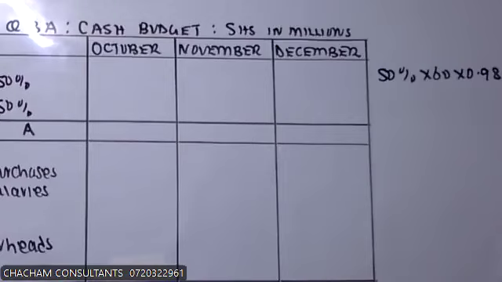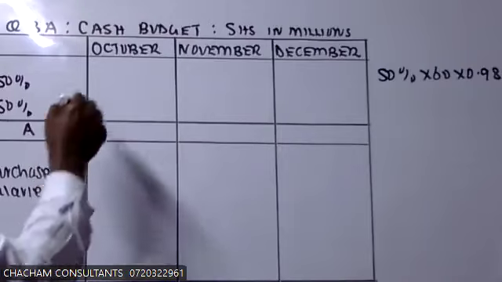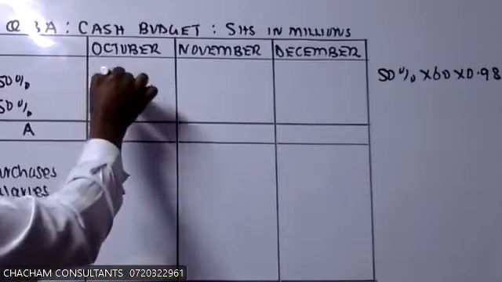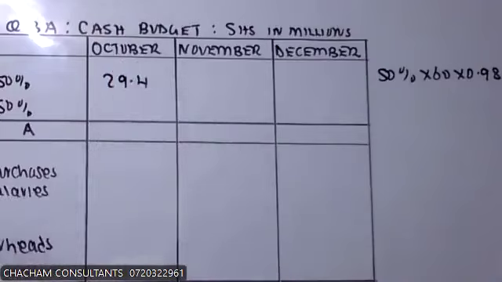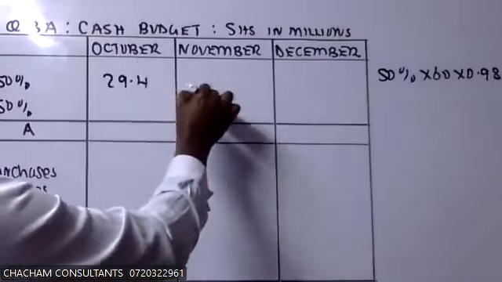Someone else? Confirm that figure. Okay, 29.4. So the half of it is 30. So that is what we shall receive in the month of November.